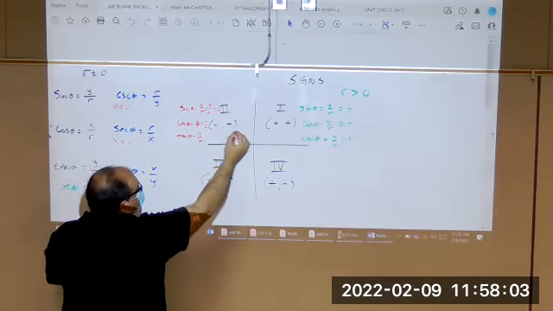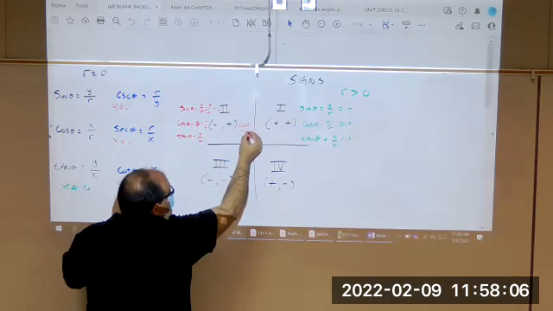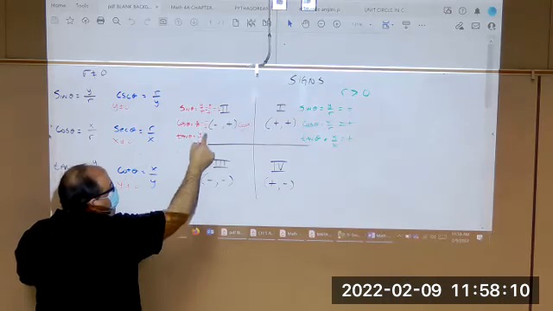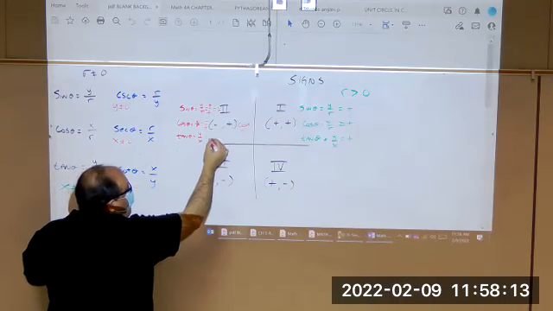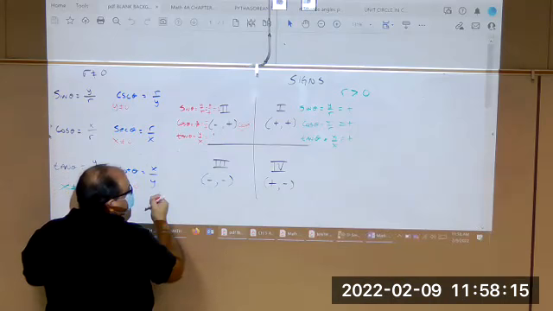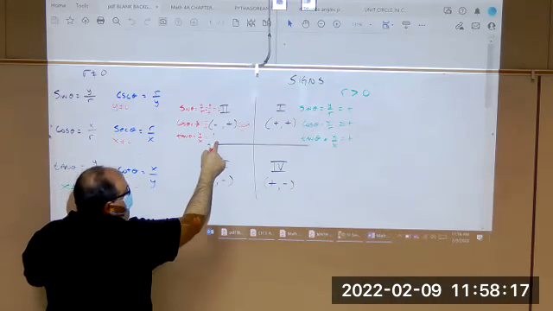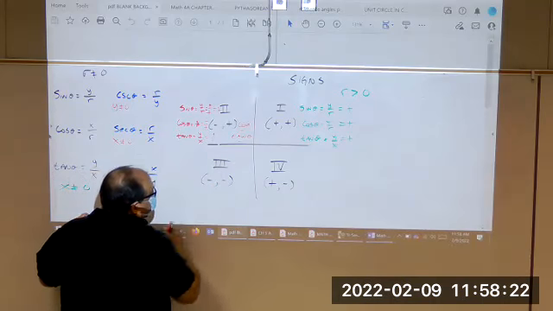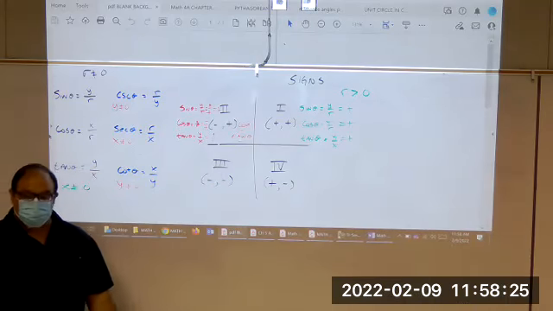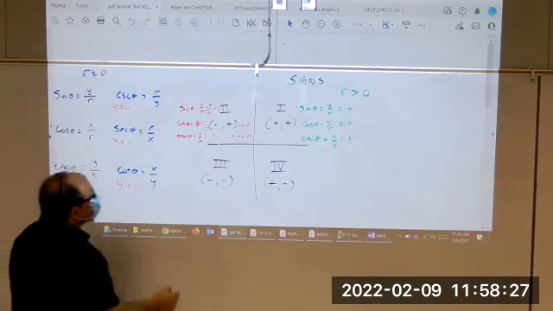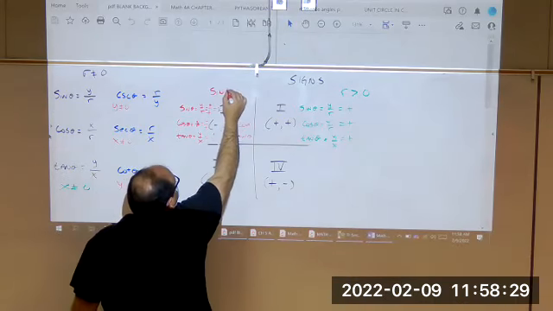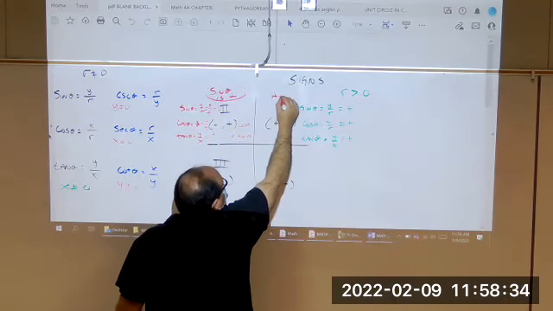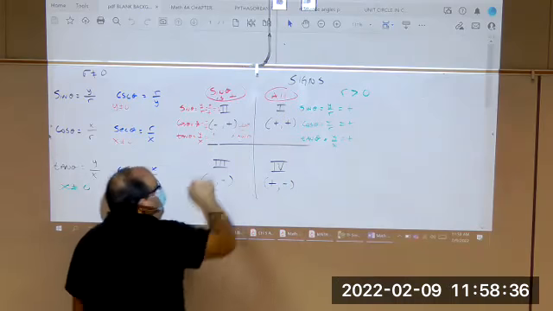So cosine is negative. Tangent, y over x. The y is positive, but the x is negative. Tangent has opposite sign. So tangent theta is negative. So the only positive trig function in quadrant 2 is sine. They're all positive in quadrant 1, and only sine is positive in quadrant 2.